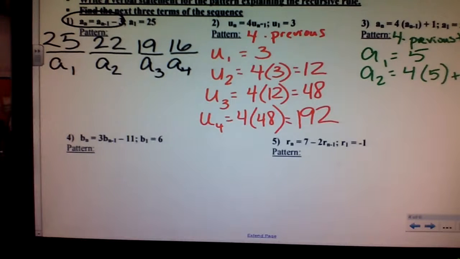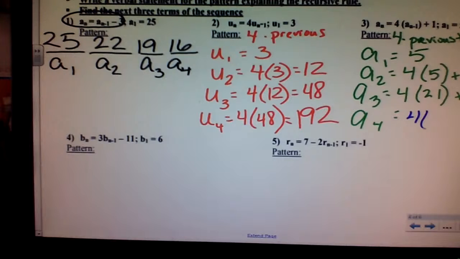A sub 3 is 4 times 21 plus 1, which is 85.